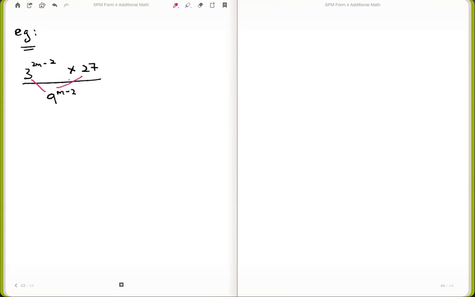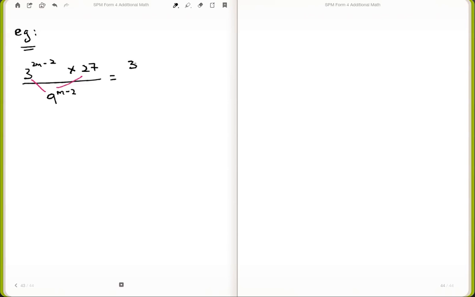What's their common factor? Indeed, it's 3. So if you don't know how to start, look for the common factor. What do they have in common? 3, 27, and 9. It's 3. You only know it once you have done quite a lot of exercise.